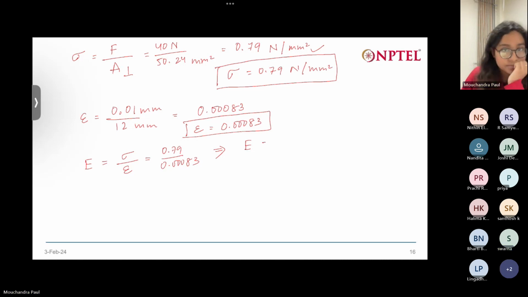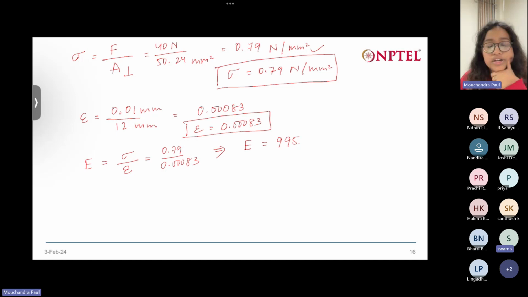With unit. 995 Newton per mm square. Okay, fine, 995 Newton per mm square.